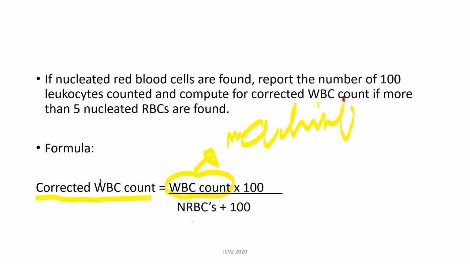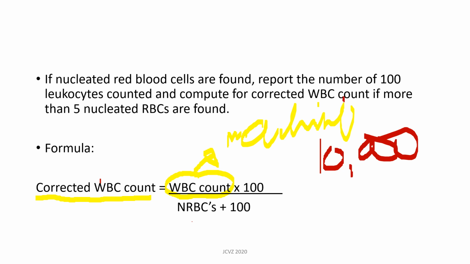Always remember that the number of NRBCs here will always be dependent on 100 WBCs counted, especially in the leukocyte differential count. So for example, your machine registered a result of 10,000 cells per microliter.